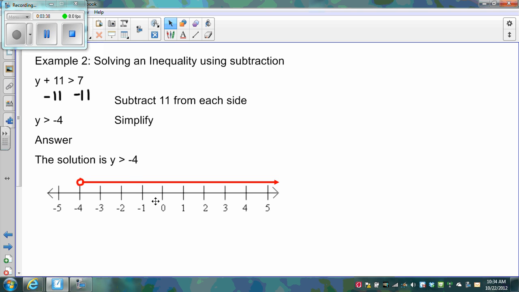Again, you take your number line, it's an open circle since it's only greater than, and it's greater than negative 4, so we draw our arrow to the right, over negative 4. You just use this simple rule that we've used before, but instead of an equal sign, we have an inequality sign.